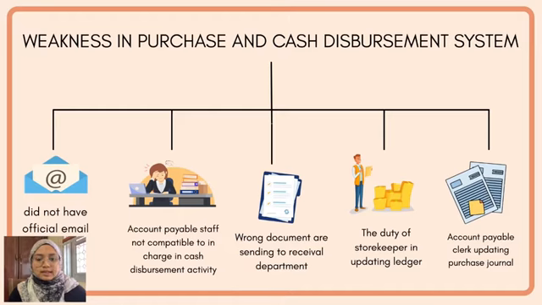The second is that the account payable staff are not compatible to be in charge of cash disbursement activity, to prevent any invalid transaction. This shows the separation of duty between the cash disbursement system and the account payable department.